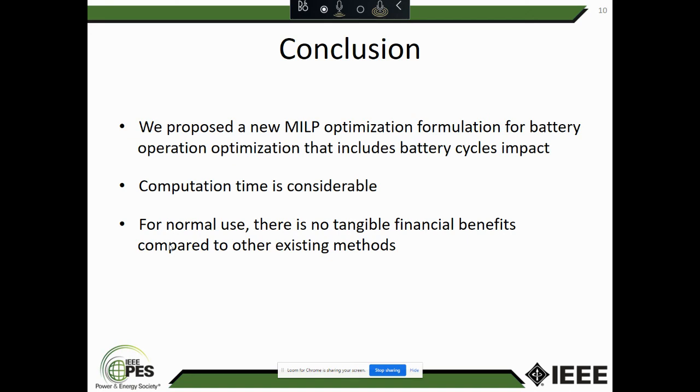So we advise people who want to optimize battery schedules for normal use to not use that formulation directly, because it doesn't provide enough advantages compared to other previous methods that make it computationally tractable to optimize the schedule of a battery for a long time horizon. So that's the conclusion of our work.